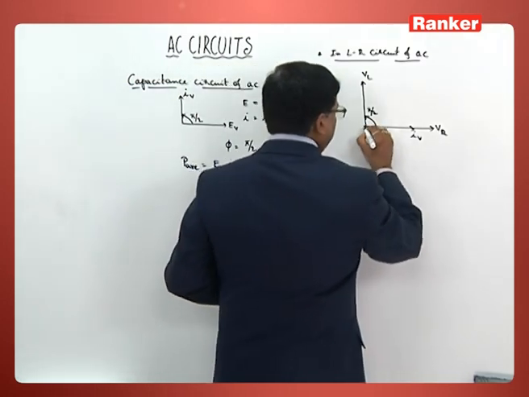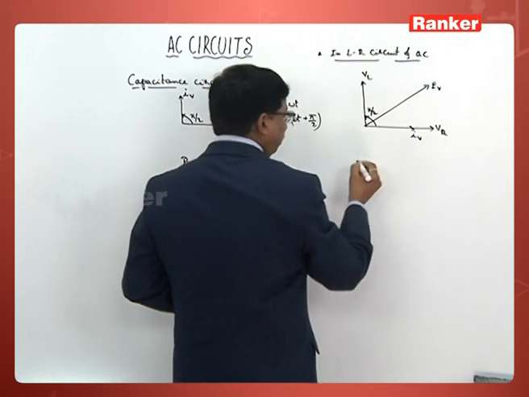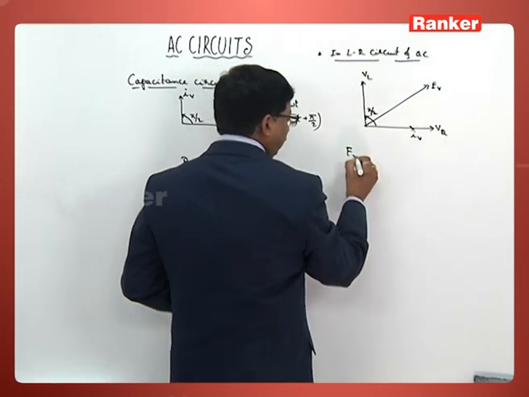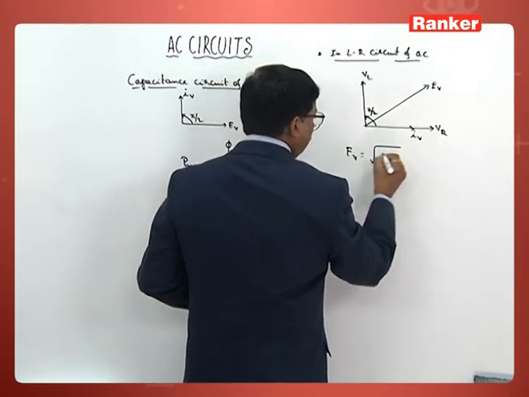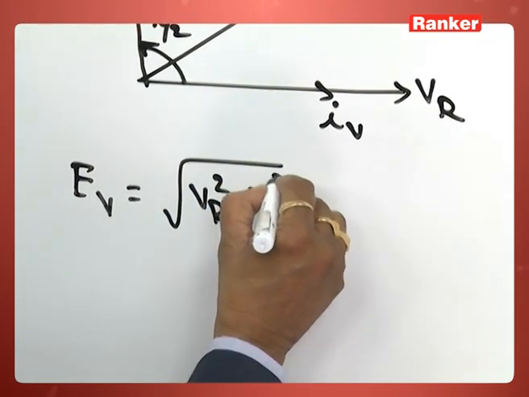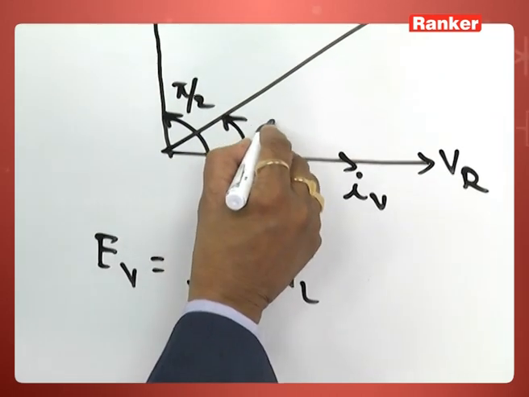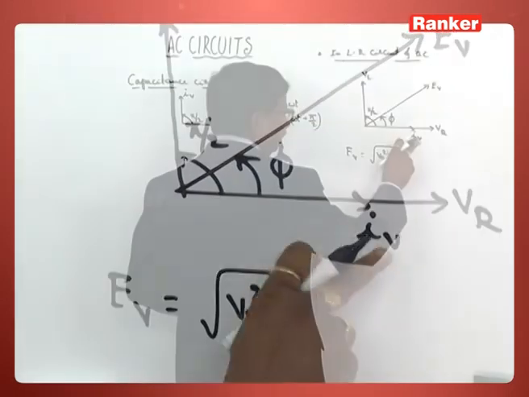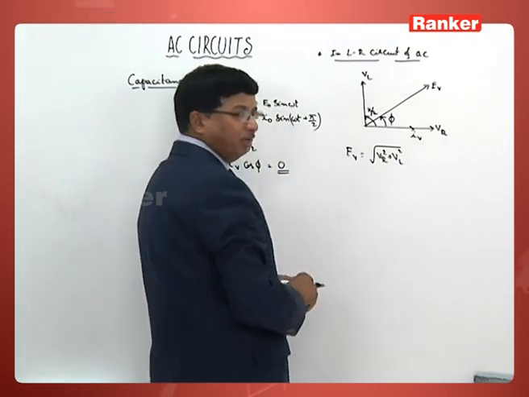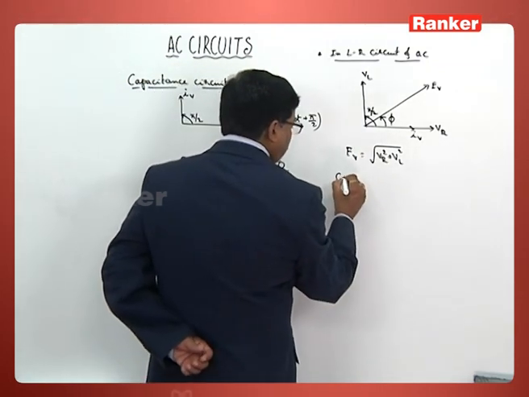Due to this, the virtual value of EMF we write like this: the virtual value is equal to root over VR square plus VL square. Now if I say the virtual value is making an angle phi with the direction of current, then how to write the value of cos phi?